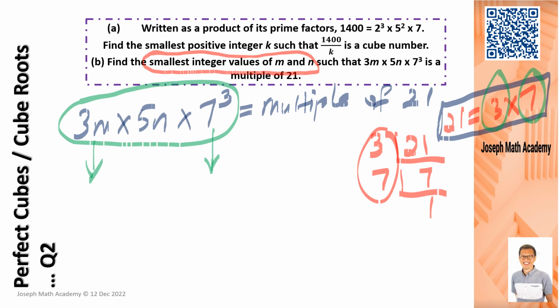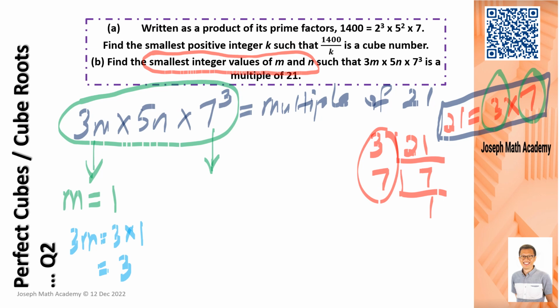So what is the value of m now? Since we only need one 3, then m has to be 1. Why is that so? Because 3^m means 3 to the power of 1, and that is 3. So we only have one 3.